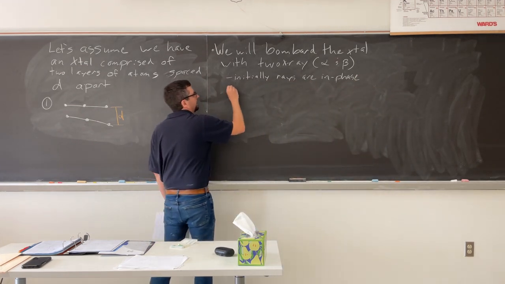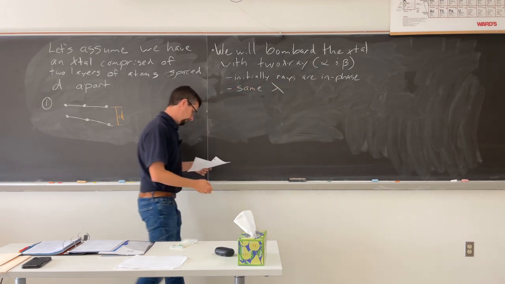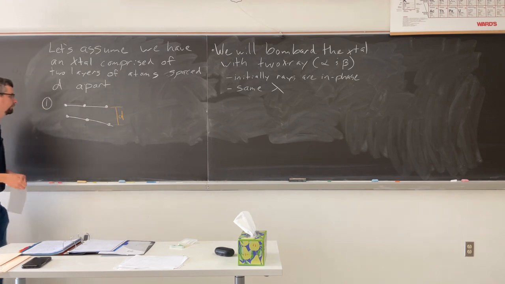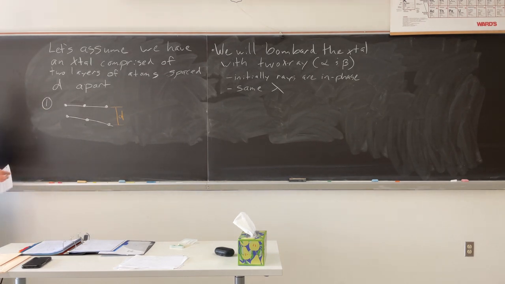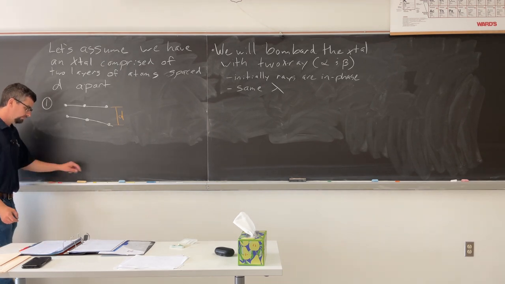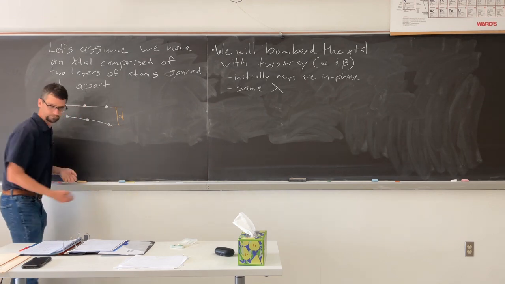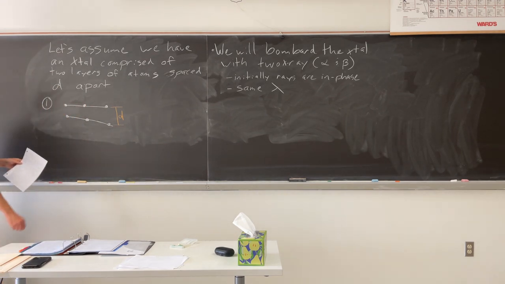And they have the same wavelength. Okay. What color do you want me to draw alpha and what color do you want me to draw beta? Yellow and blue. Okay.